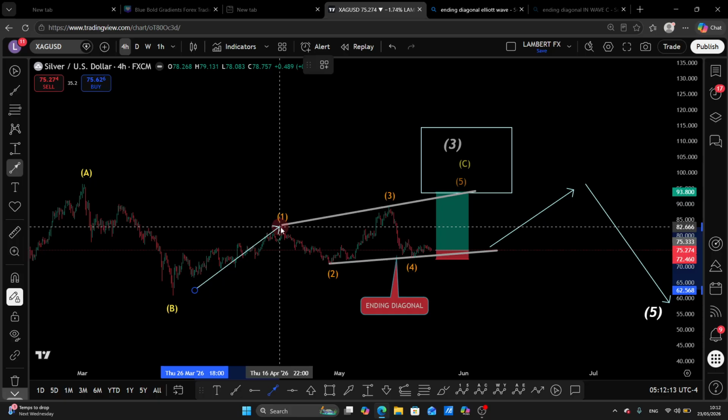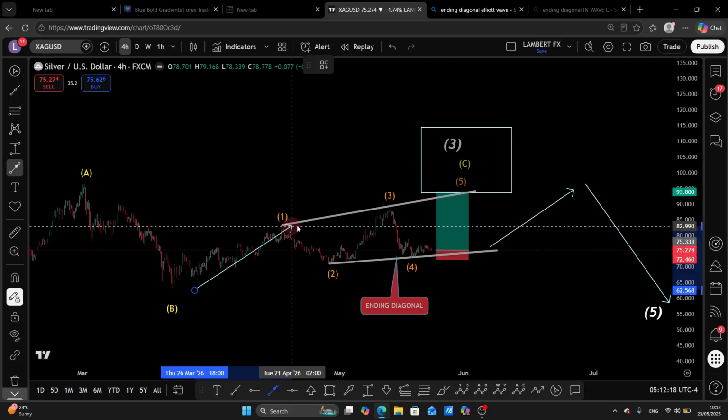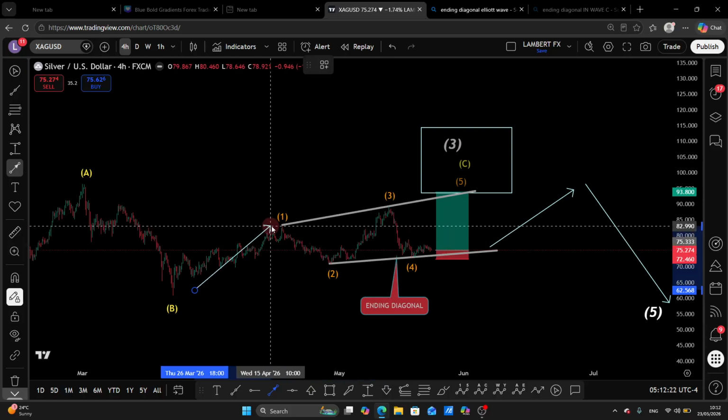In an impulsive leg, your 4 should not overlap leg 1, but in a diagonal it is acceptable. If you follow my dotted horizontal line, you will see that the leg 4 broke where the 1 finished. In an impulsive leg that is impossible, but in a diagonal it is allowed.